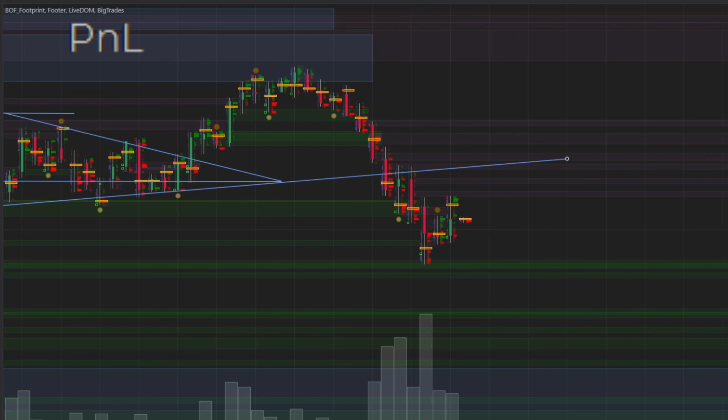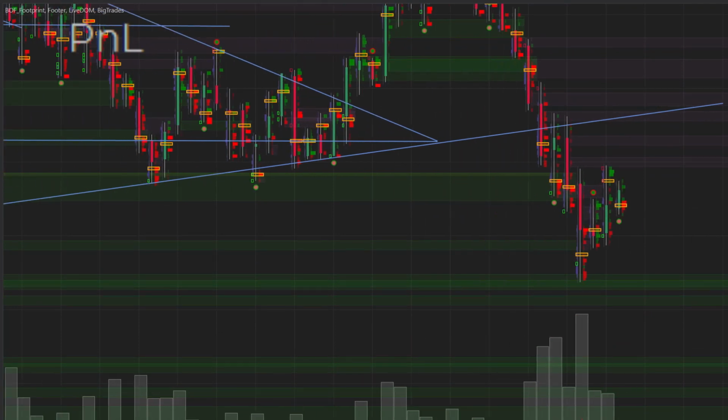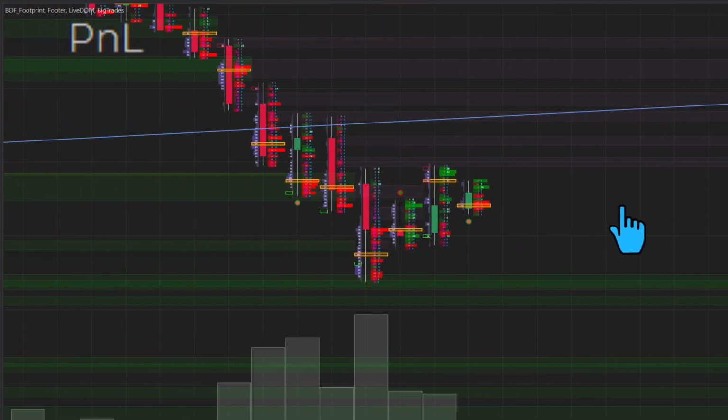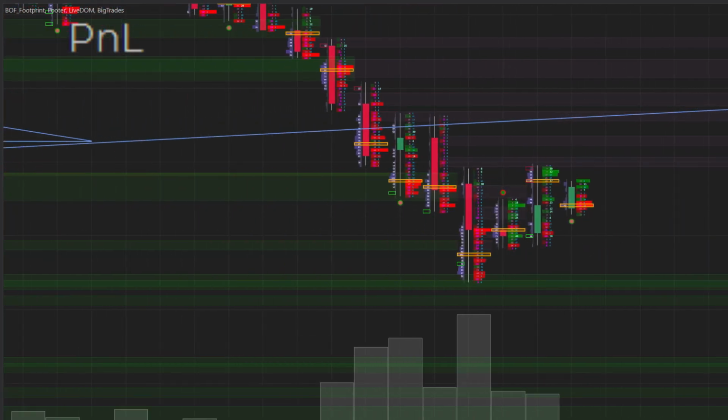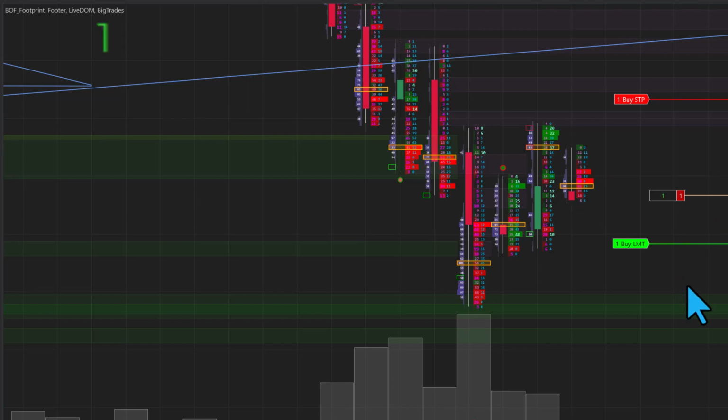So I should make my stop larger. So what's going on? We're looking at what's going on inside of the candles. That tells us a story. Boom. Order filled. We're going down.